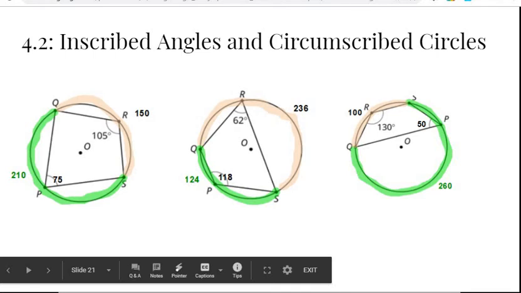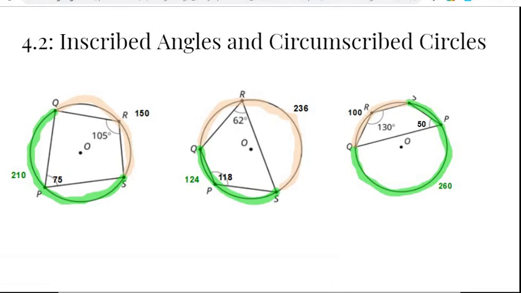What you should have highlighted in your picture is something similar to what's on the screen now. What I have highlighted in green is the first arc you were asked about, going from S to Q through point P in each case. The measure of those arcs is twice the measure of the inscribed angle.